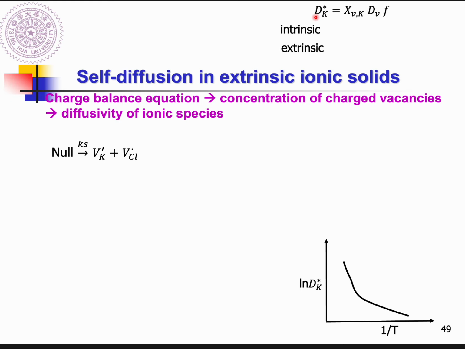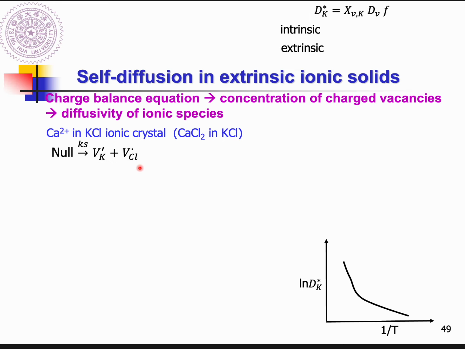Okay, let's give some examples here. If I try to dope calcium with 2 positive charge into potassium chloride ionic materials by doping calcium chloride, can you try to estimate D_K*? How does D_K* change after the doping process?